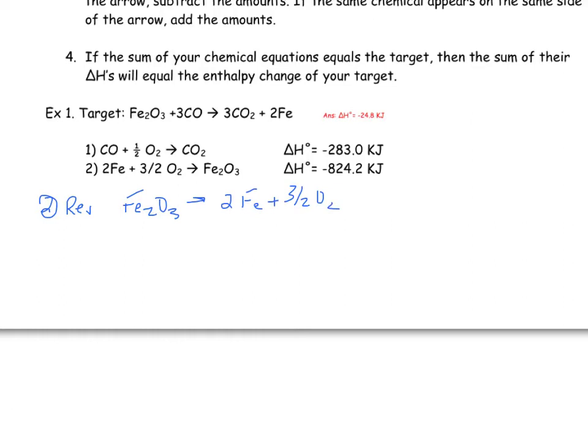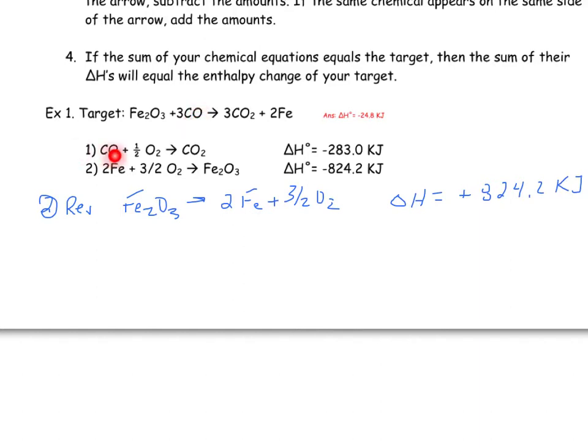Now, if you write an exothermic reaction backwards, it makes it endothermic. So I have to flip the sign on the delta H value. My next reactant is carbon monoxide.